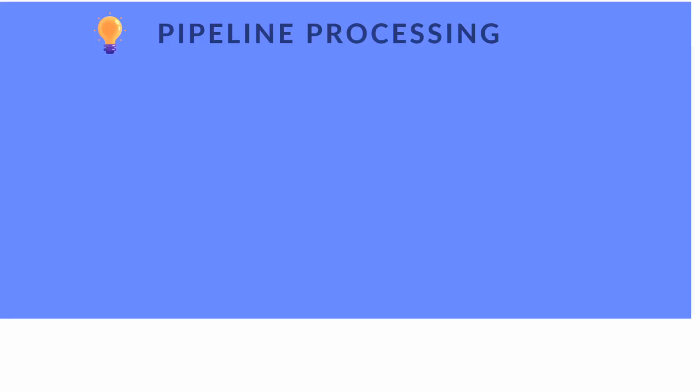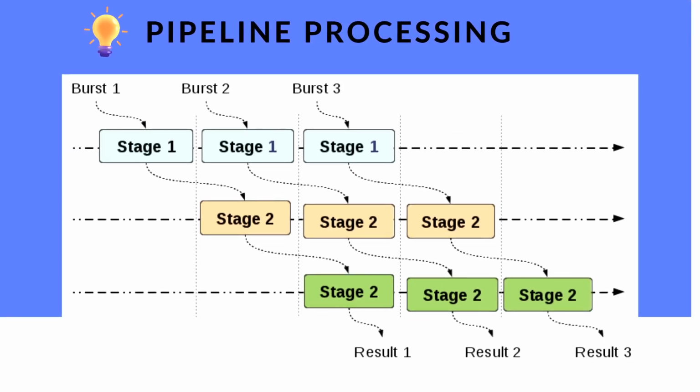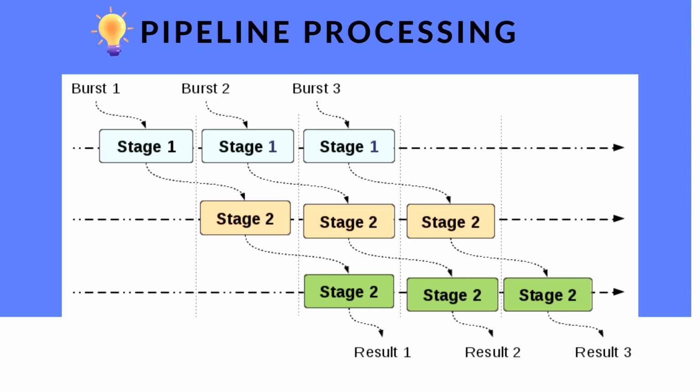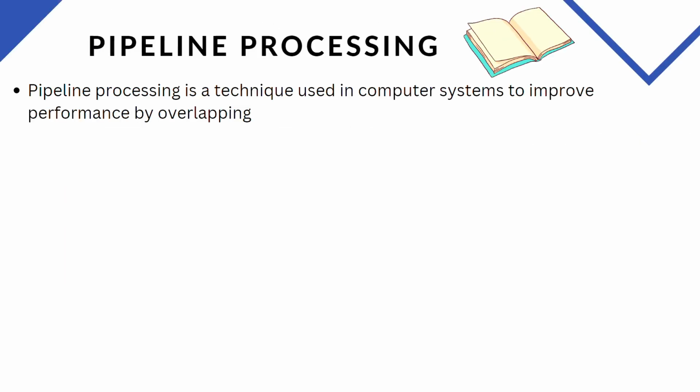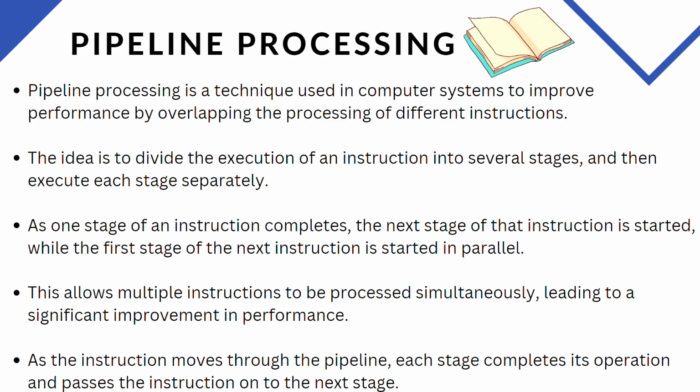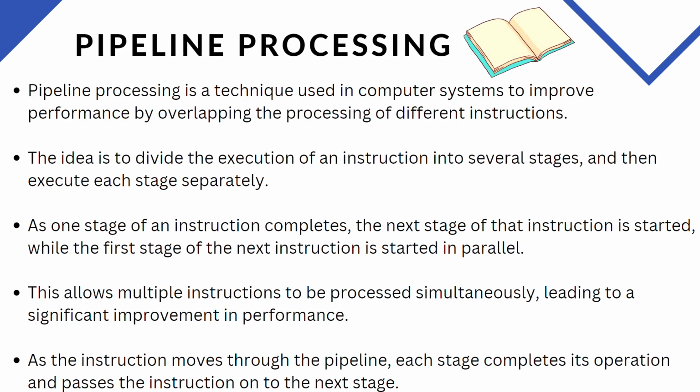Now the next point is pipeline processing. Pipeline processing is a technique used in computer systems to improve performance by overlapping the processing of different instructions. The idea is to divide the execution of an instruction into several stages and then execute each stage separately.